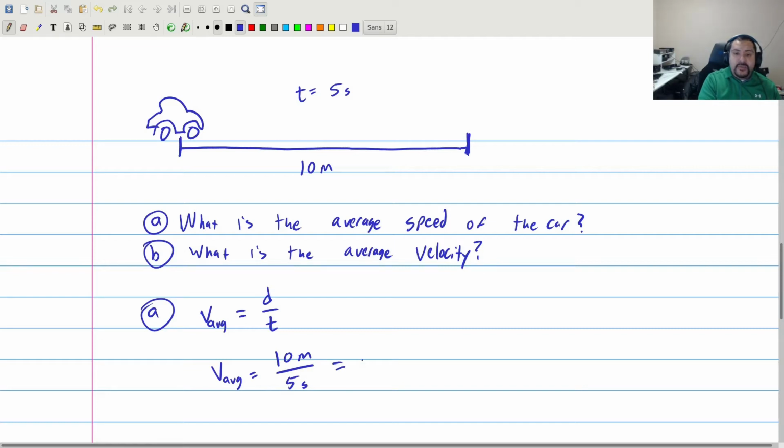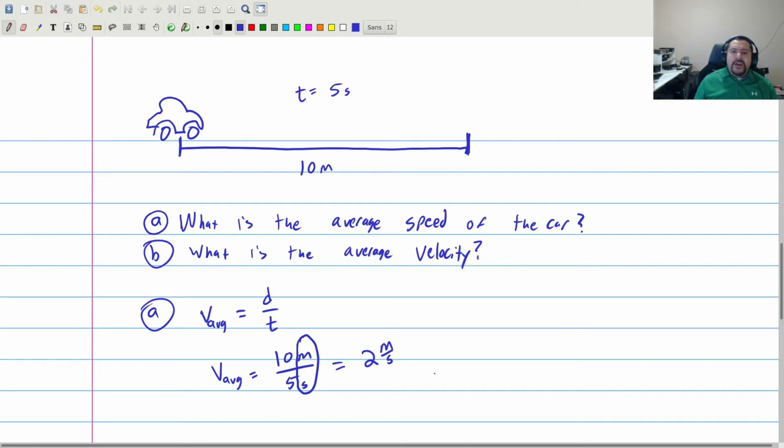Well, 10 divided by 5 is 2. And then, what are my units here? It turns out they're given right here in this step of the problem. You can see the units should be meters over seconds. Or maybe we'll read that as meters per second. In fact, in physics, the preferred units are always going to be meters, seconds, and kilograms.